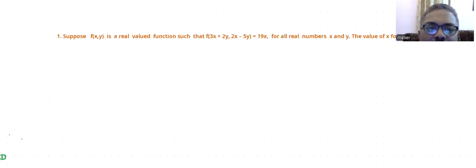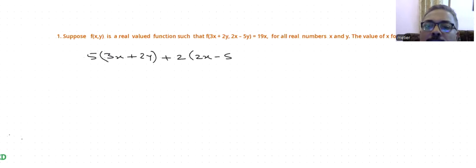What I am saying: 3x plus 2y, the first one you have to multiply by 5. And the second one you have to multiply by 2. So it will give you 5 into 3, 15, plus 2 into 2, 4.